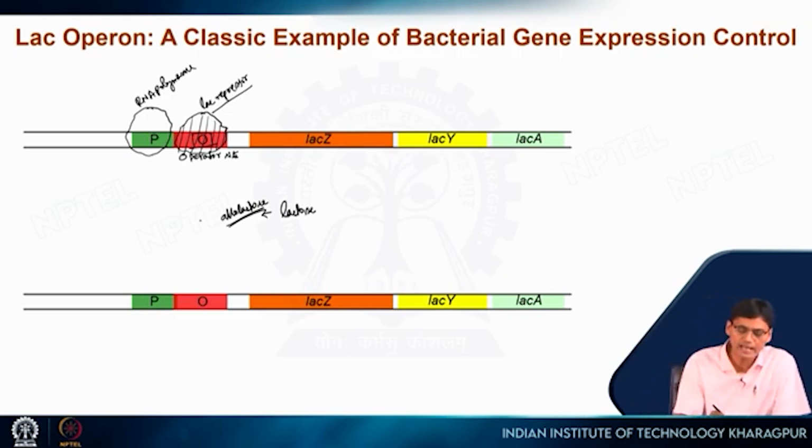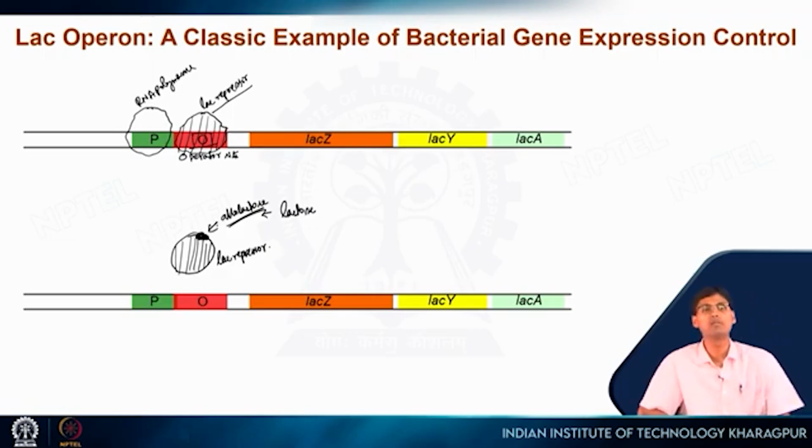This allolactose will bind to the lac repressor and change its conformation so that it cannot bind to the operator site anymore. As a result, the operator site will be free.